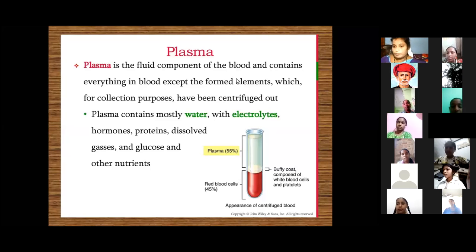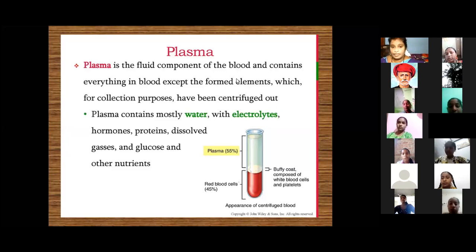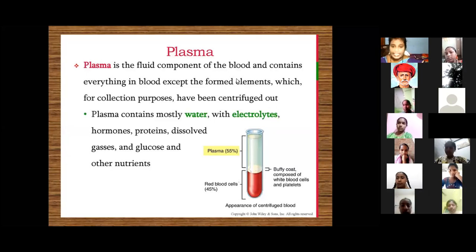Plasma is one kind of fluid compound. The plasma contains mostly water, electrolytes, hormones, proteins, dissolved gases, glucose.